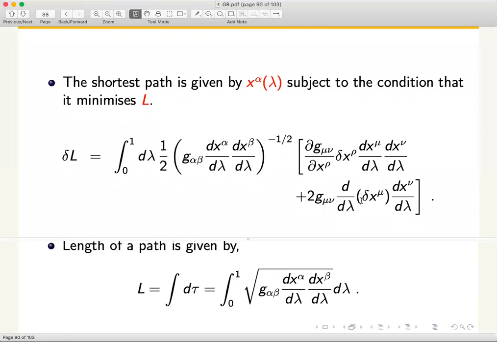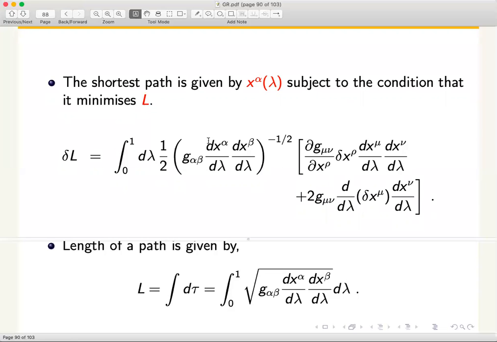The factor of 2 is written because we know that g alpha beta is symmetric. So if you do a variation of x alpha versus a variation of x beta, they would give you the same expression under exchange of dummy indices. That's why the factor of 2.